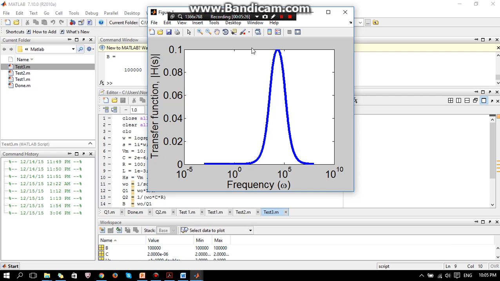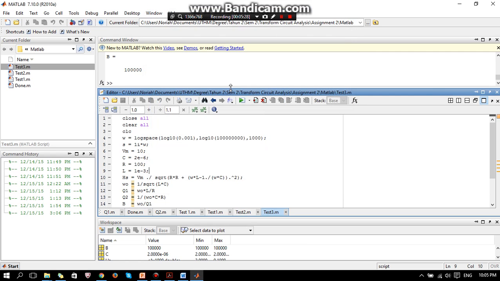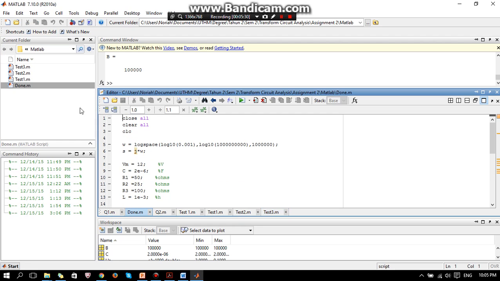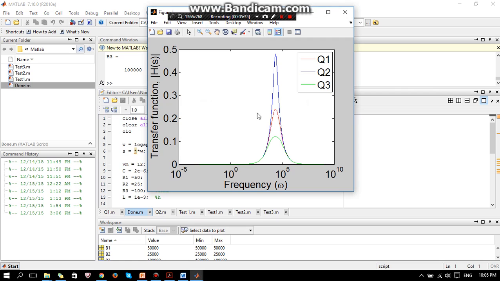Okay, next we will compare the values of Q1, Q2 and Q3. We can see here that Q1 is medium, located in the middle of the graph. Q2 has the highest value, so it is on top of the graph, and Q3 has the lowest value, which is the green one.